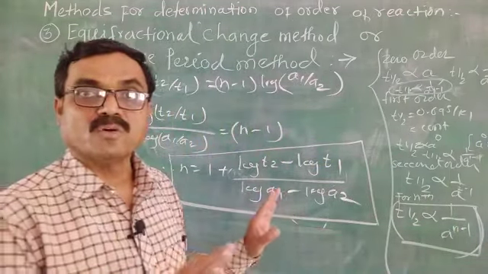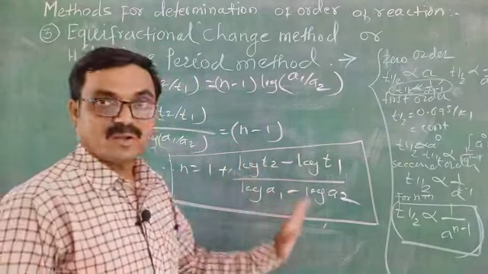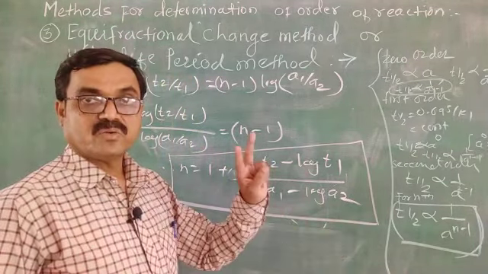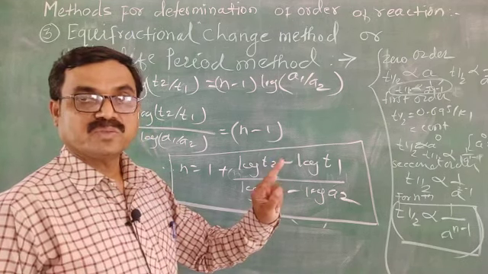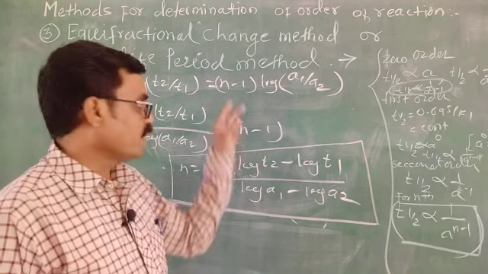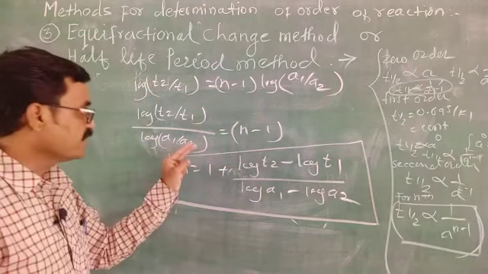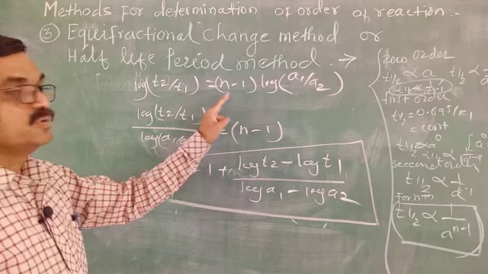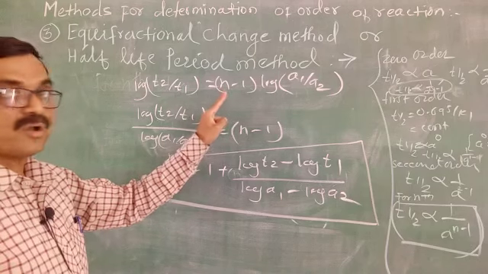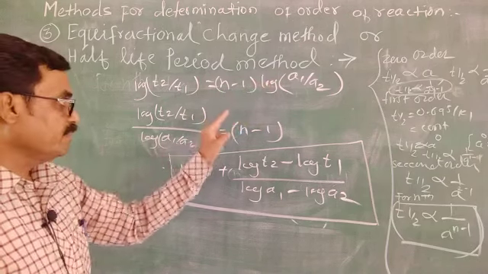Now take log on both sides. After taking log on both sides, you get two derivations. Half life periods are T1 and T2. Then T2 upon T1; from that T2 upon T1, solve further. You will get this step. After this, you know the logarithm law, log m raised to n is n log m.